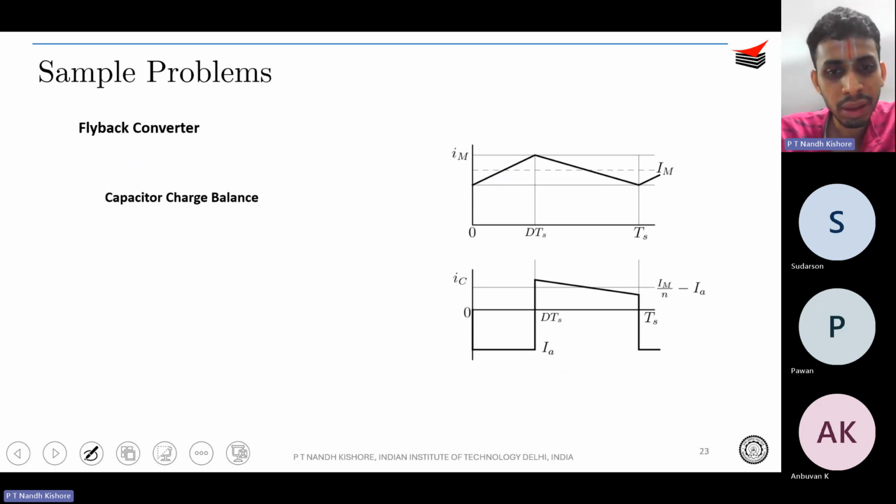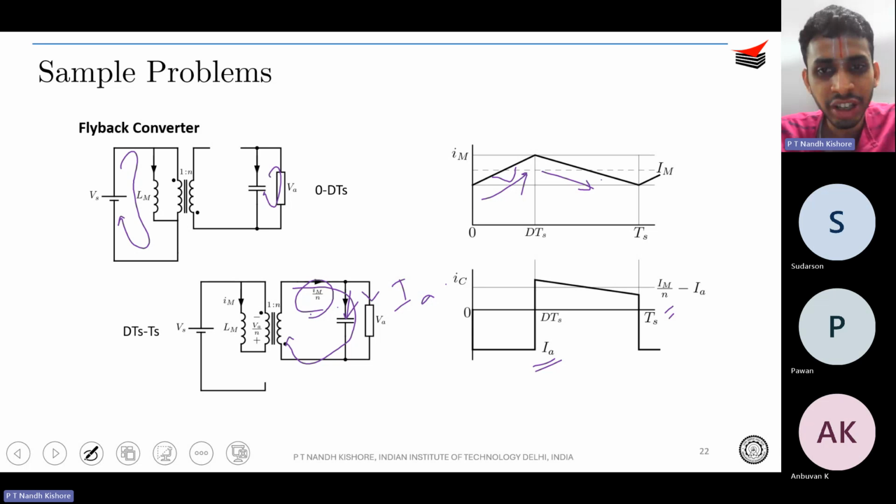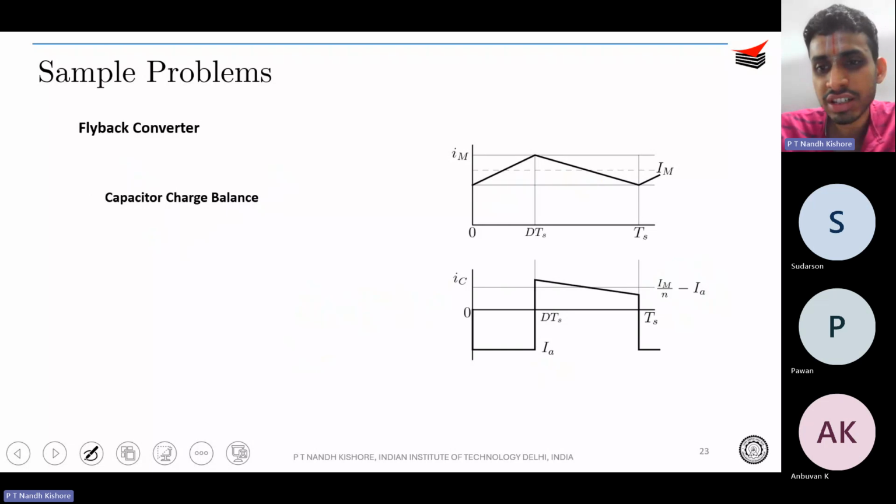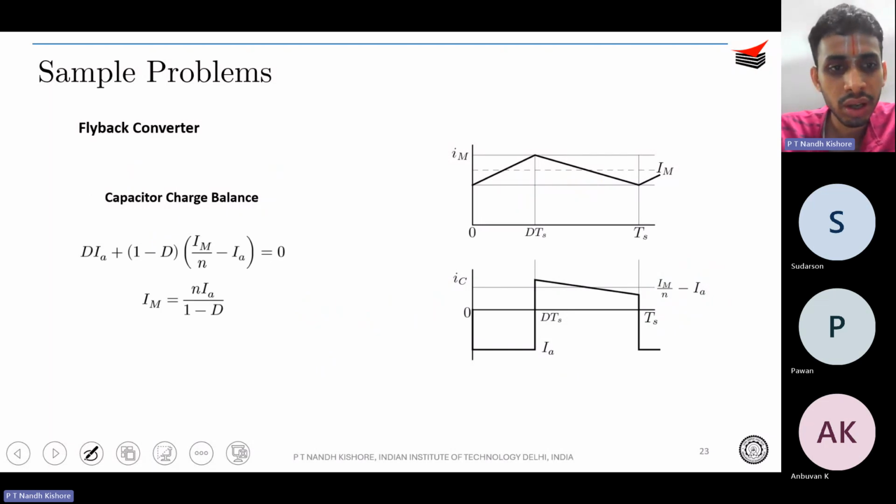So just apply capacitor charge balance, because it has something to do with your magnetizing inductor current. You have your IM by N term over here. During the D period, the capacitor current is minus IA, and during the 1 minus D period, it's going to be IM by N minus IA.